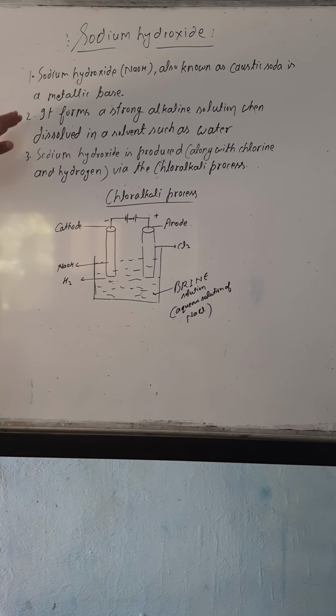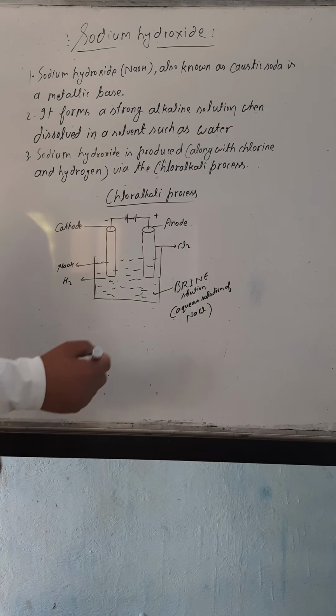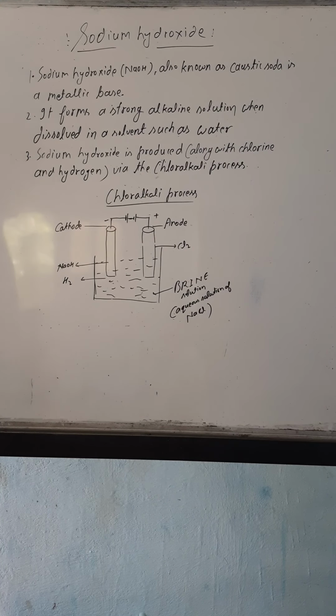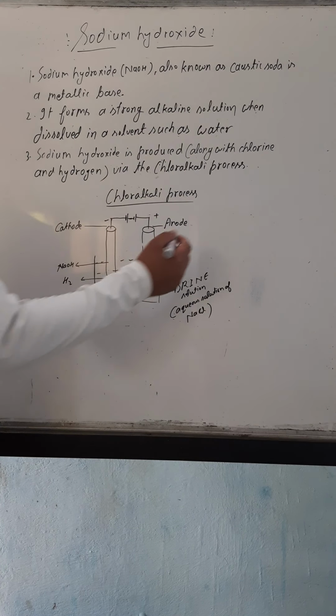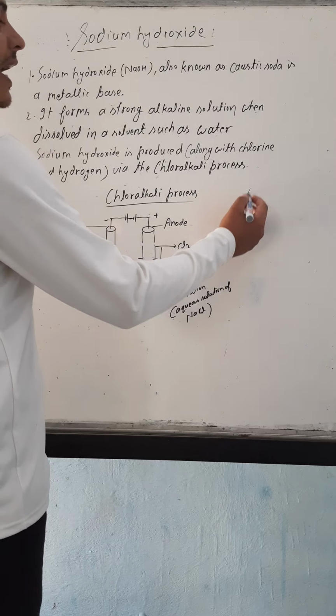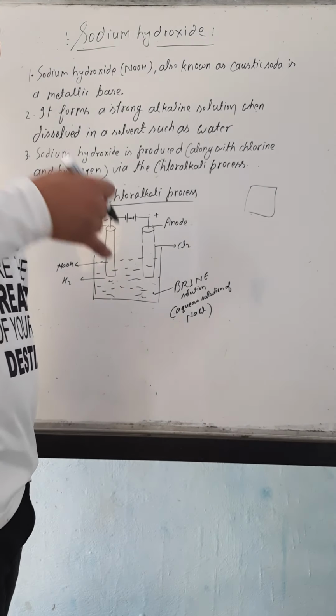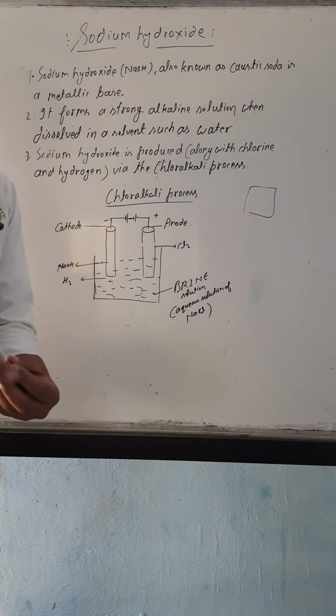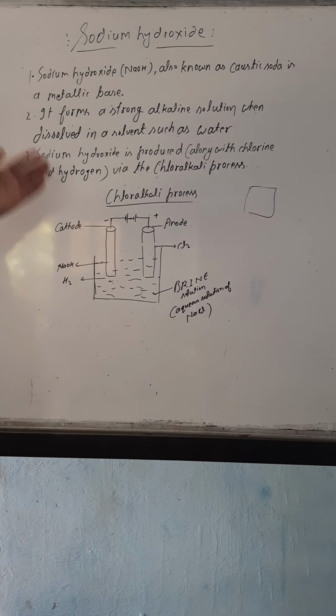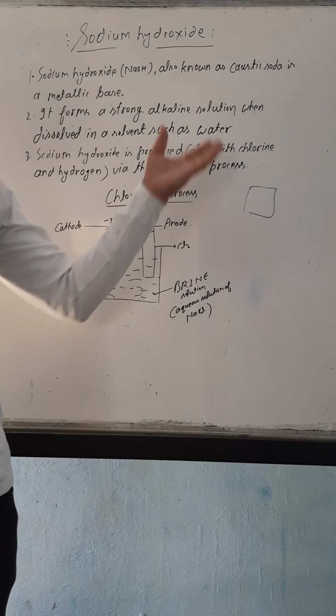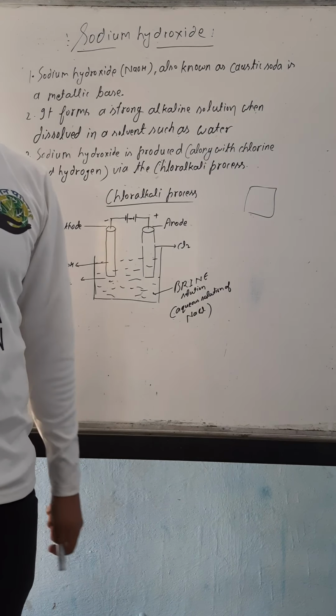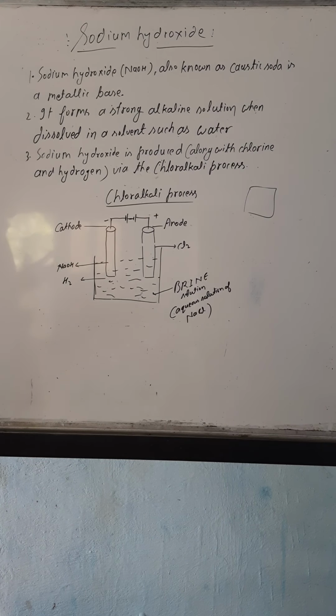When you dissolve NaOH in a solvent like water, you get an alkaline, basic solution. When you dissolve sodium hydroxide in water, you get a strong basic solution, or you can say a strong alkaline solution.